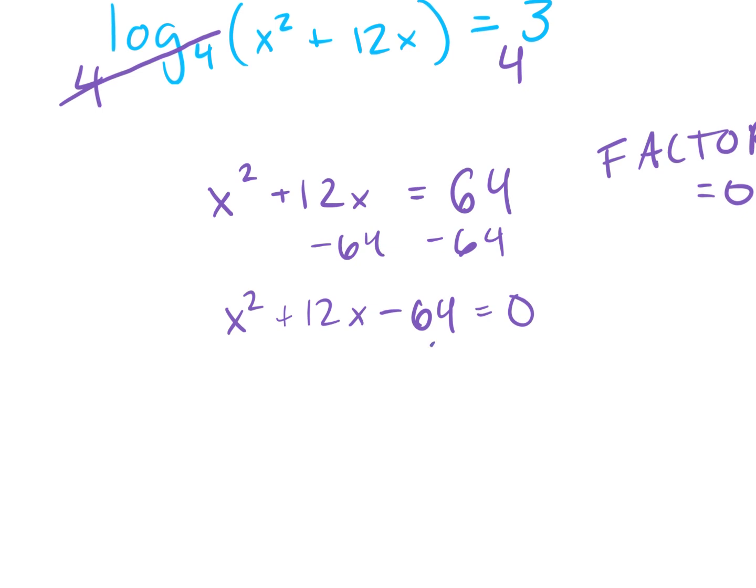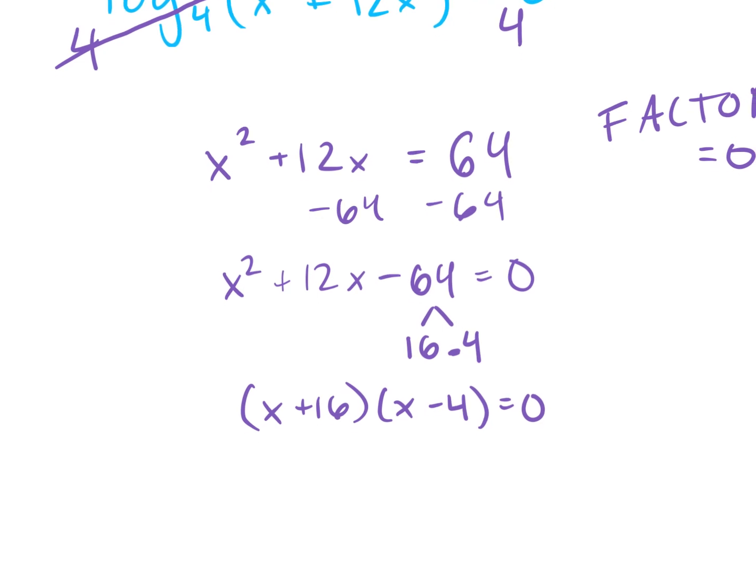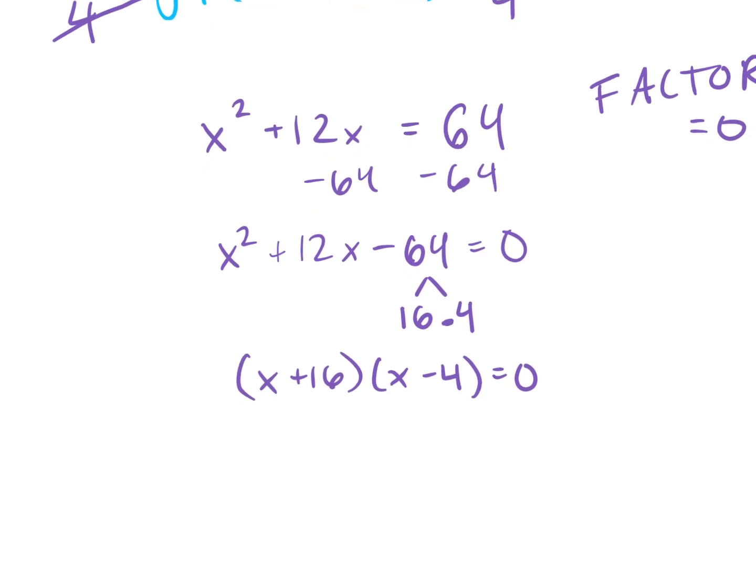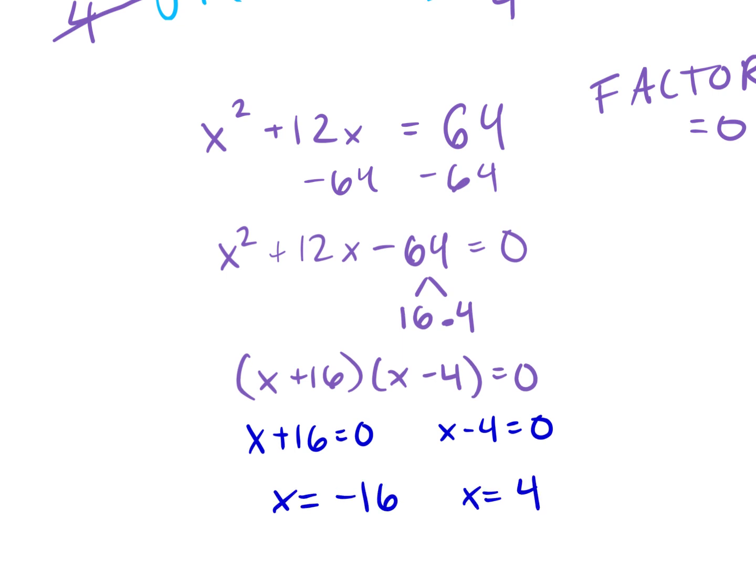Do I have two factors of 64 that add to 12? 16 and -4. Awesome. So x plus 16 times x minus 4 is equal to 0. What do I do next? Perfect. Set them both equal to 0. So x is equal to -16 and x is equal to 4.